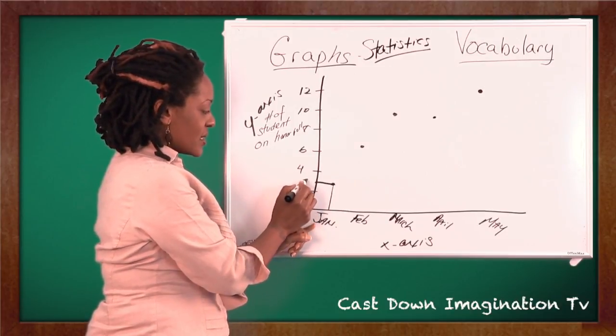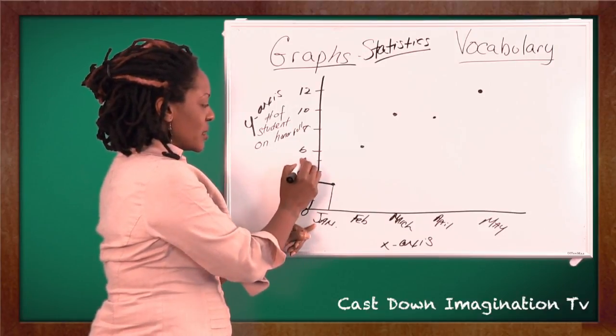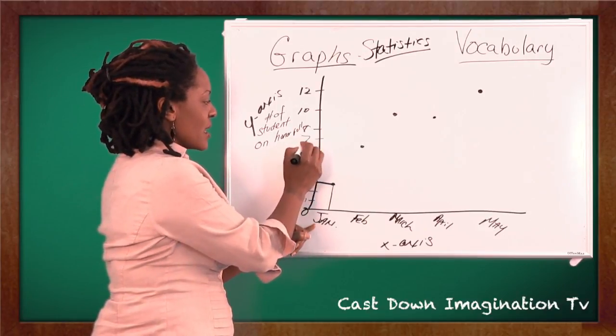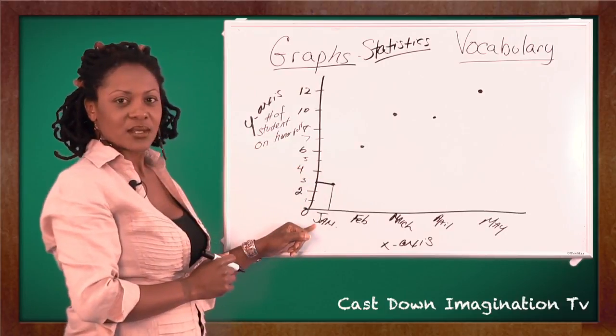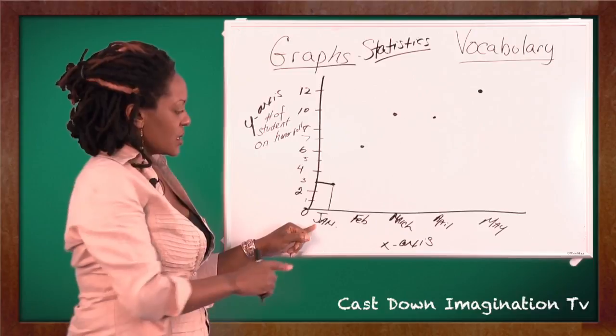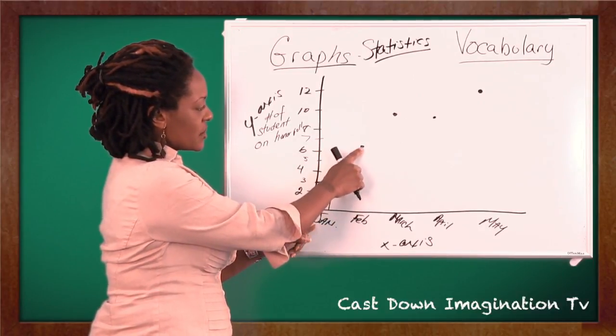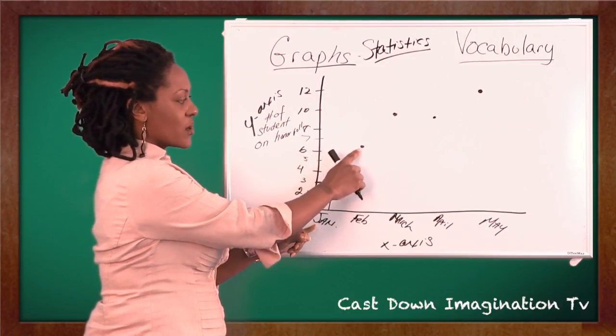2 to 4, this little line in between would be about a 3. 4 to 6, in between would be about a 5. And so you just have to read and see what's going on. Figure out the interval at which they're giving you the numbers. So let's keep on plotting these points. Here in February, we go up to that dot, move across, and where do they meet?